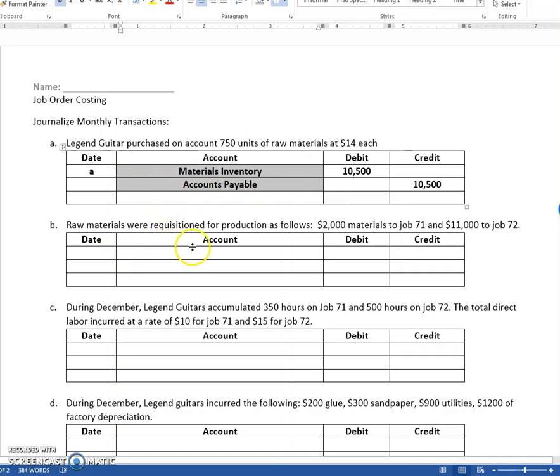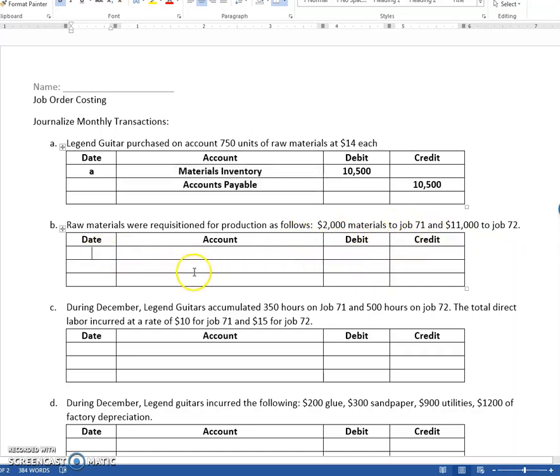Alright, raw materials were requisitioned for production as follows. So this means that we have now asked for these raw materials to come onto our manufacturing floor so that we can begin working on them. Because it was able to tell us which jobs they're going to, we know that this is direct materials because it's able to be traced to job 71 and 72.